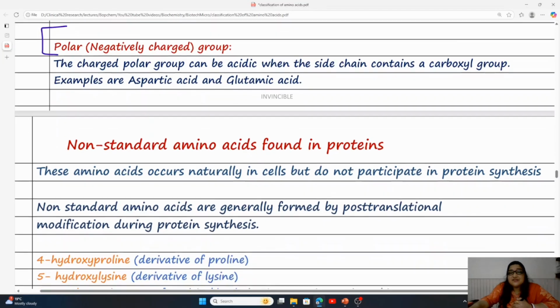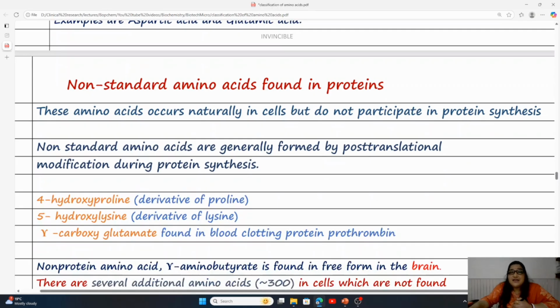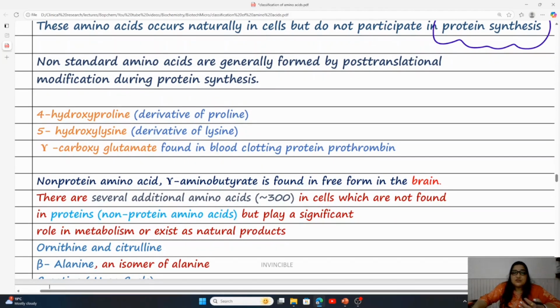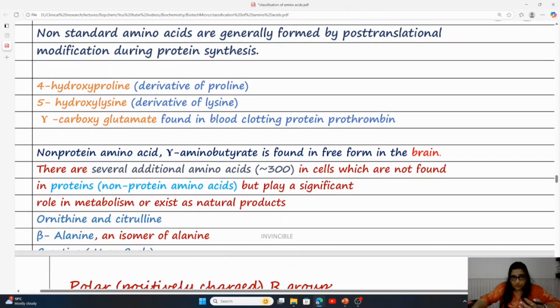Apart from this, there are certain amino acids that are found in proteins, but they do not participate in protein synthesis. So they are known as non-standard amino acids. All right.